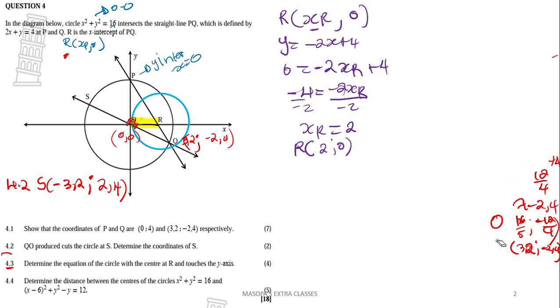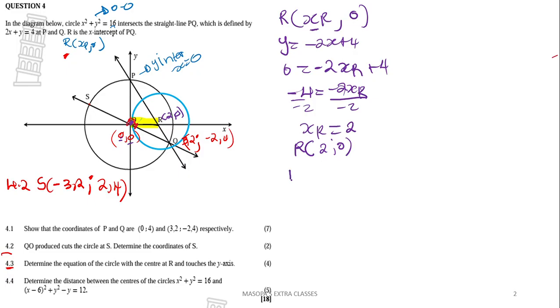We found the coordinate of the center R as 2, 0. And because the circle touches the y-axis, at O we have the coordinate 0, 0. So let's look for the radius.